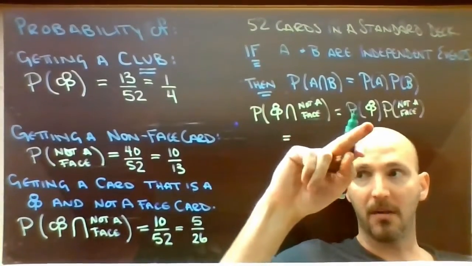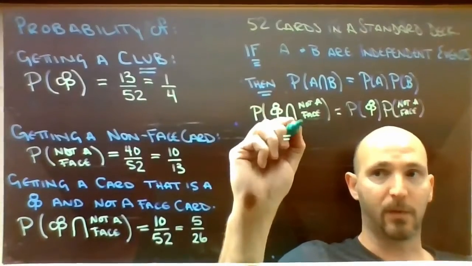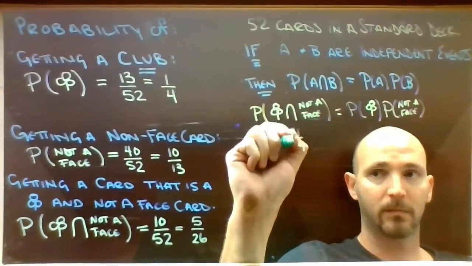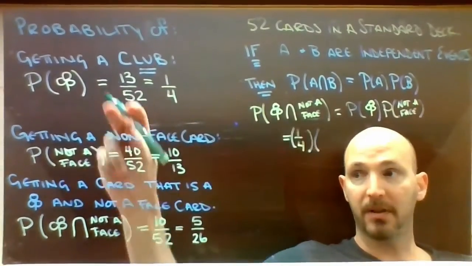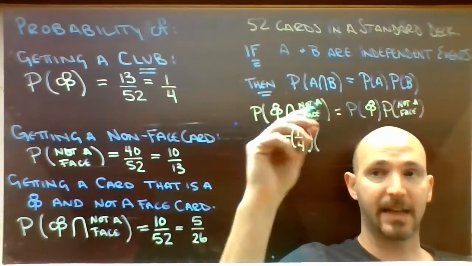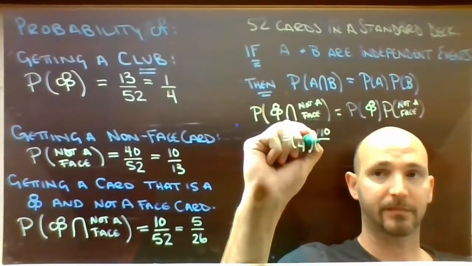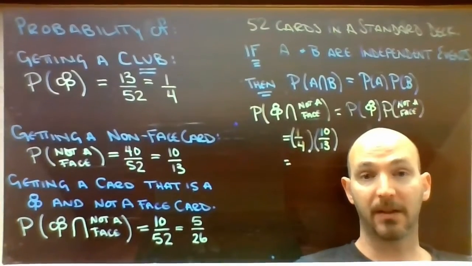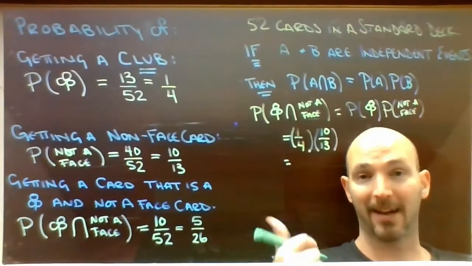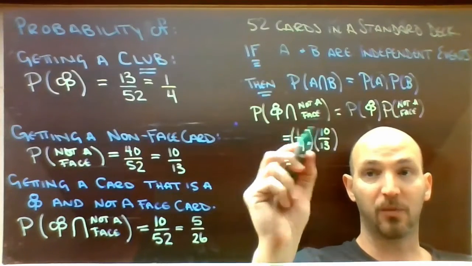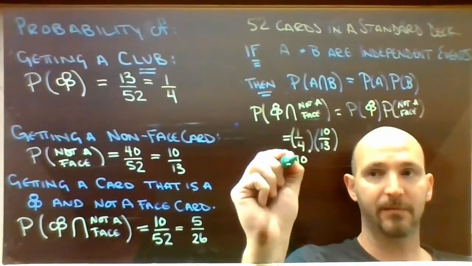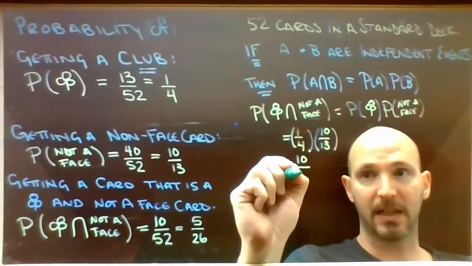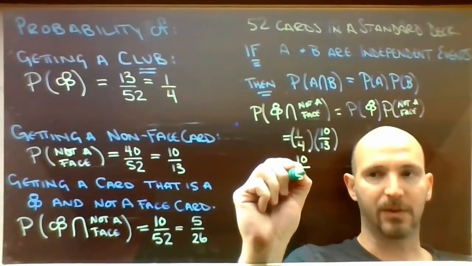Alright, now the probability of being a club was 1 out of 4. And the probability of not being a face card was 10 out of 13. Now, if you multiply those two things together, because you have excellent fraction skills, numerator times numerator would be 10. And 4 times 13 would be 52.